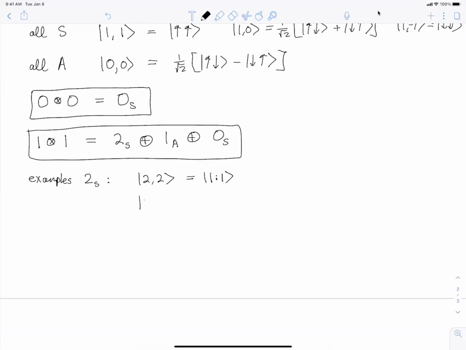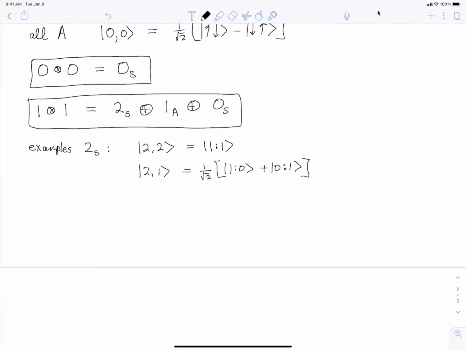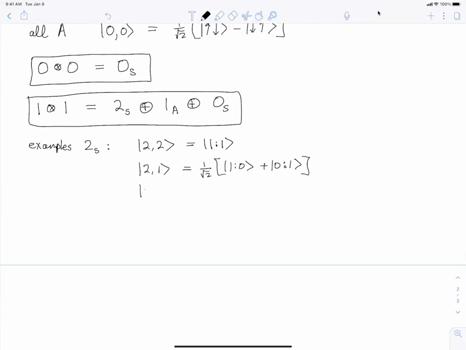If I take 2, 1, if you work out the Clebsch-Gordan coefficients, this turns out to look similar to the 2 spin case, and that's because it has to be symmetric. Okay, and then maybe slightly less trivial, if I do 2, 0, this turns out to be 1 over the square root of 6 times, in the product basis, 1, minus 1, plus 4 times 0, 0, plus minus 1, 1.